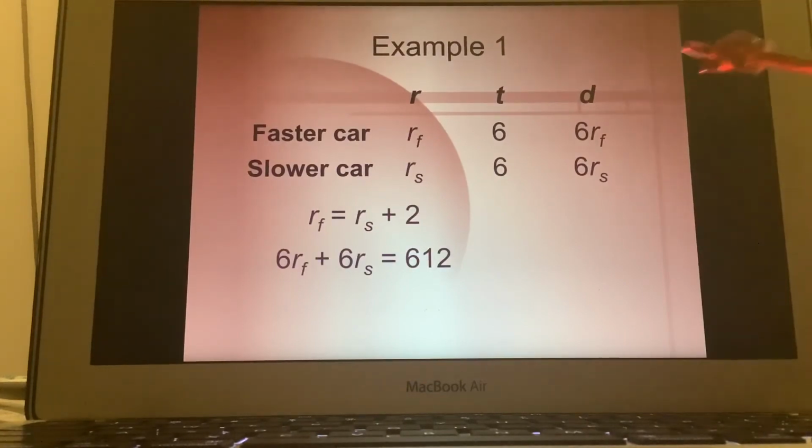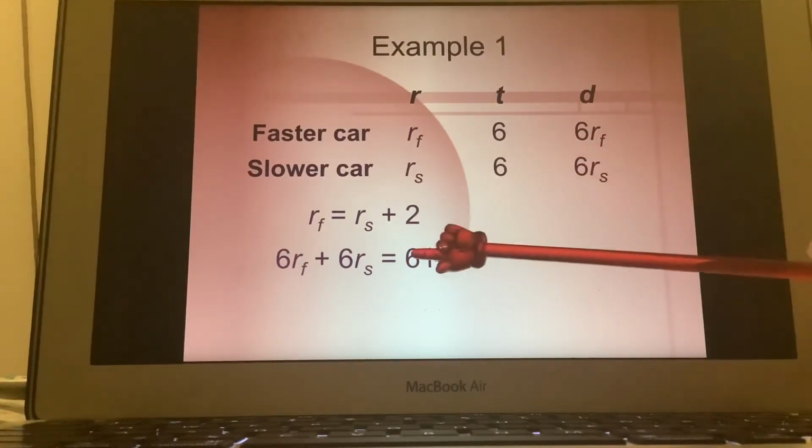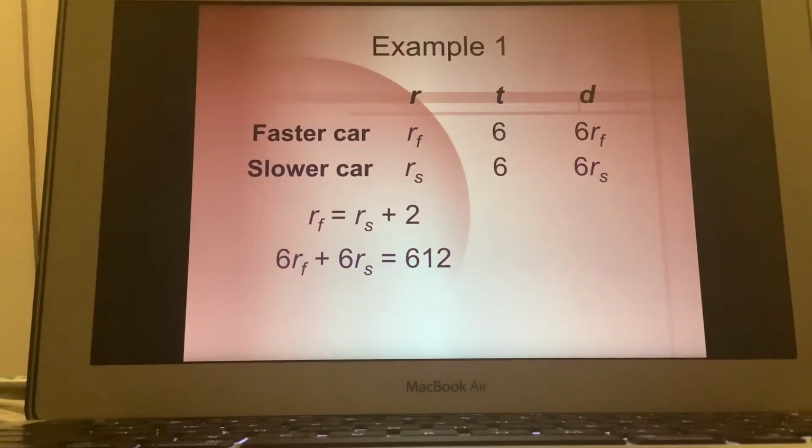Now we can take our 2 distances, the distance of the faster car, which is this right here, plus the distance of the slower car, and that equals the total distance of 612 miles.